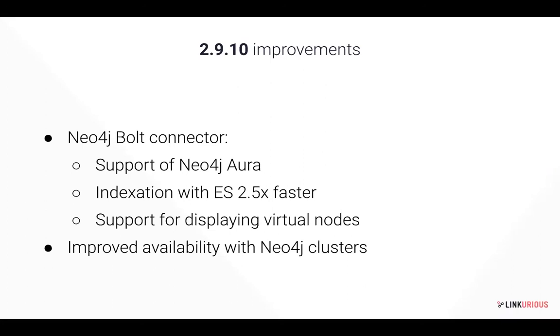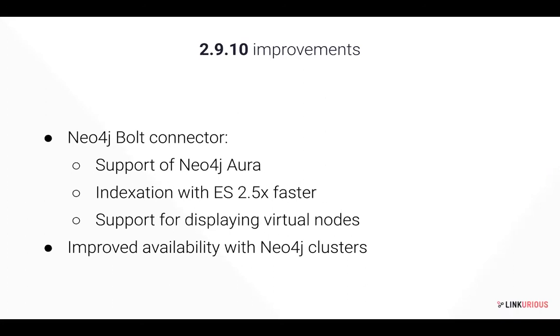Also, some of our clients were used to using virtual nodes. Virtual nodes are nodes that don't exist in the database, but that can be generated through an APOC procedure, APOC being a plugin for Neo4j. Up until Neo4j v3.5, we had no problem displaying those virtual nodes, even though they don't exist in the database.